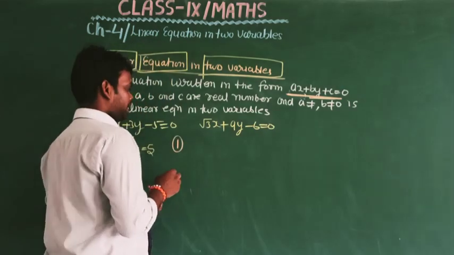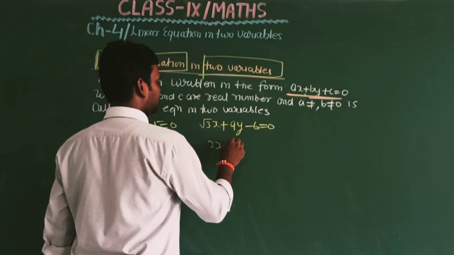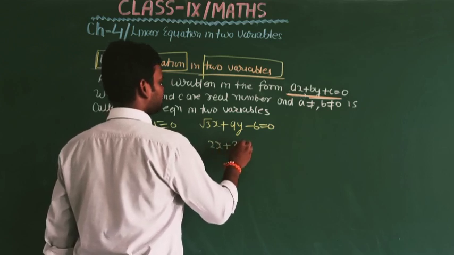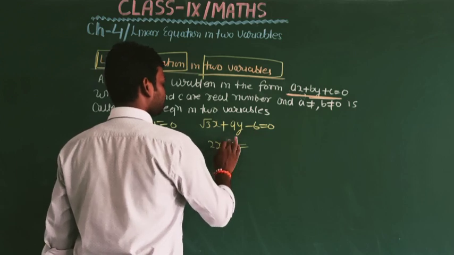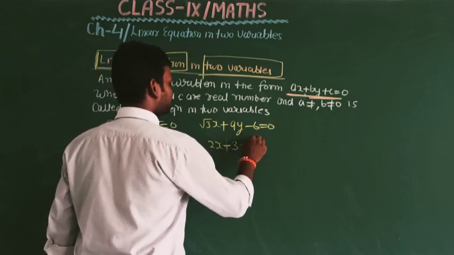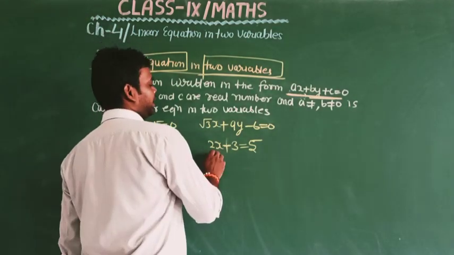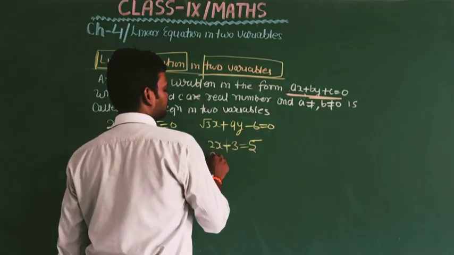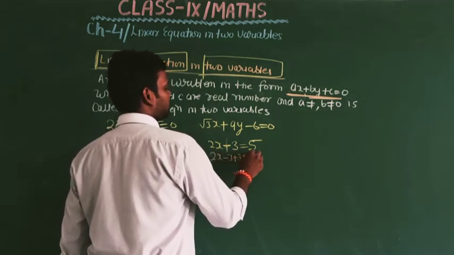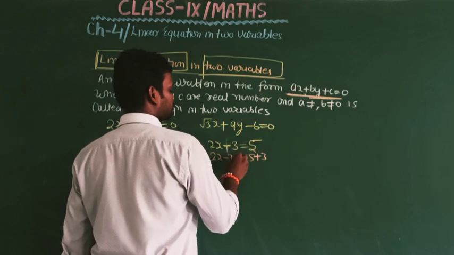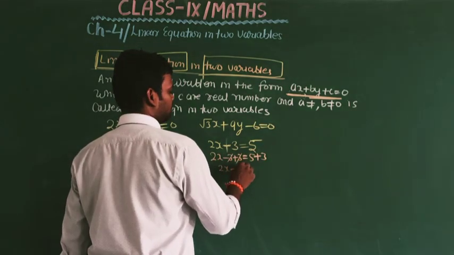Suppose we have the equation 2x minus 3 equal to 5. It is not affected when adding the same number on both sides: 5 plus 3, the minus 3 cancels out, so 2x equal to 8.